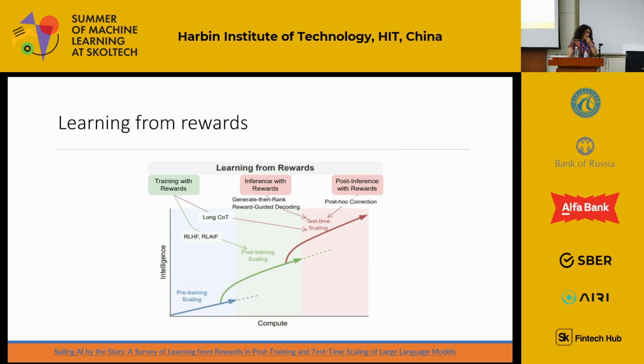What does it mean? This trend actually started with OpenAI researchers. They said that currently in our models we have used all the data available, or maybe not yet, but it will be done shortly. All the data available from the internet has already been fed to our models. So we just cannot increase the amount of computation used for LLM training.